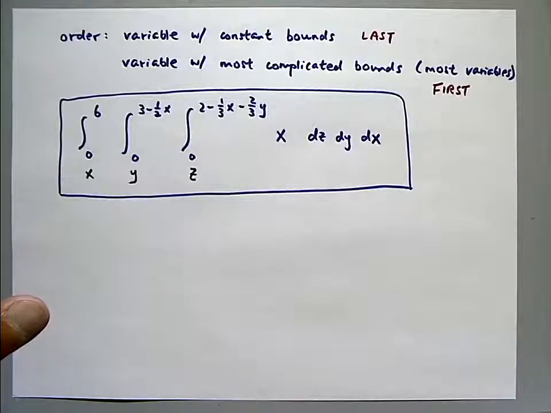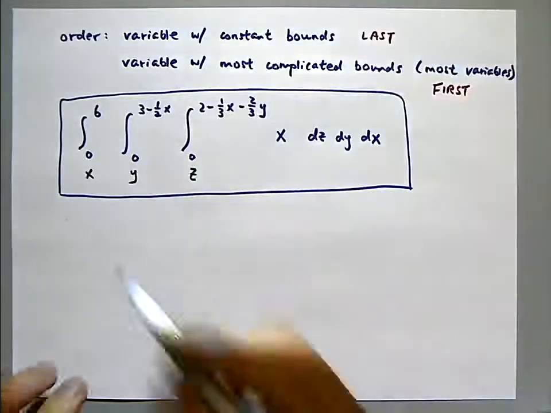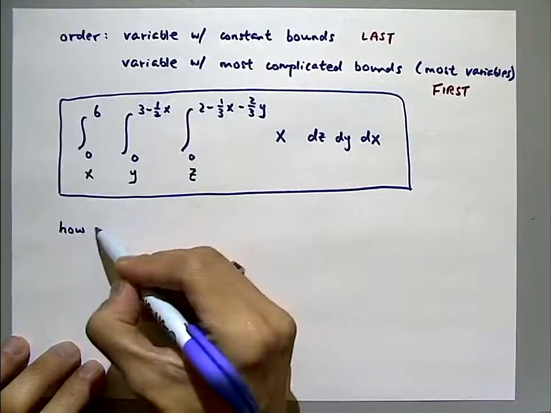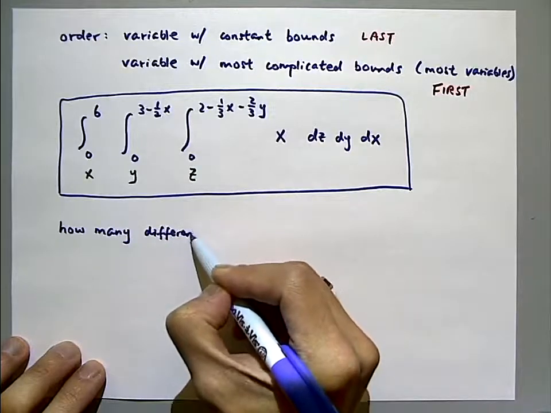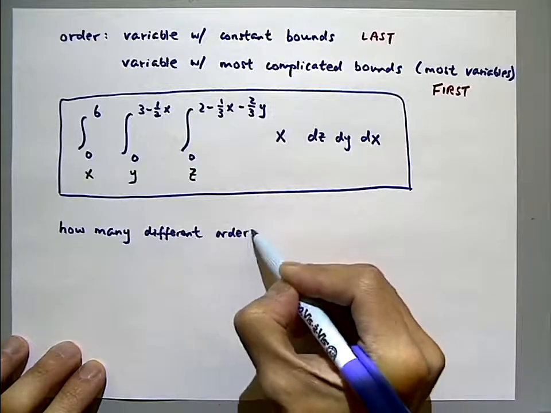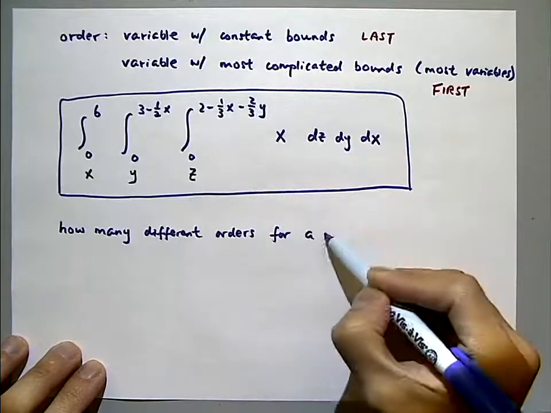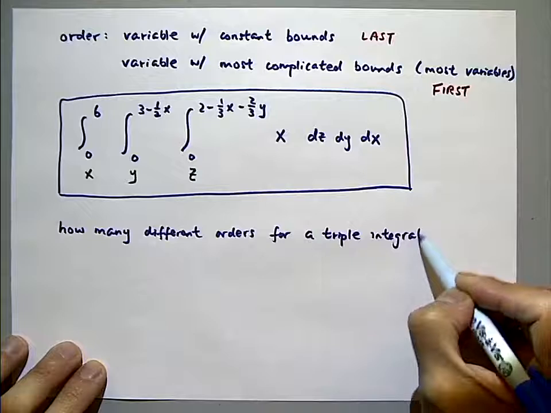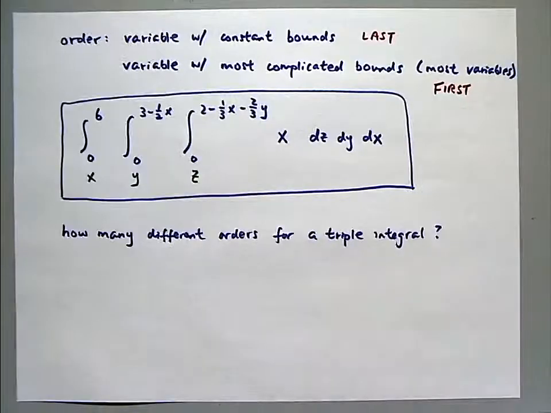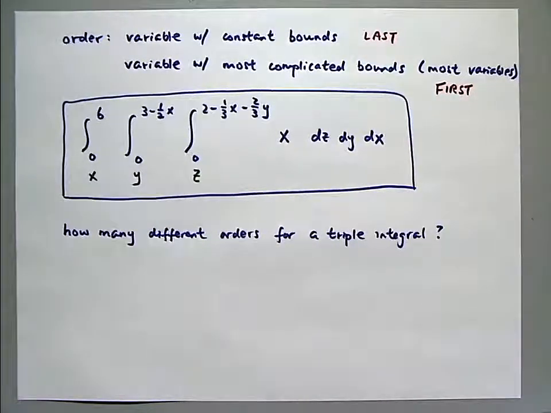Yes? Good. Now let's talk about order again. We have 3 variables. So how many different orders are there? 6?